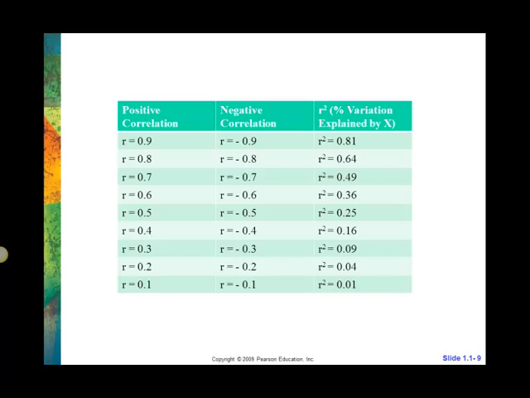Whereas notice as we go down in correlation to 0.5, let's say, if r is 0.5 or negative 0.5, the percent of variation is only 0.25, or only 25% of the variation in y is explained by x. You can see that when we get to 0.2, there's almost no explanation of the variance.